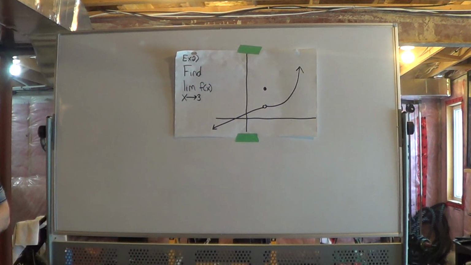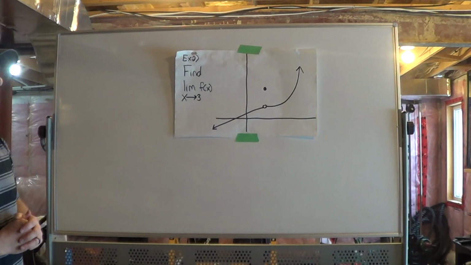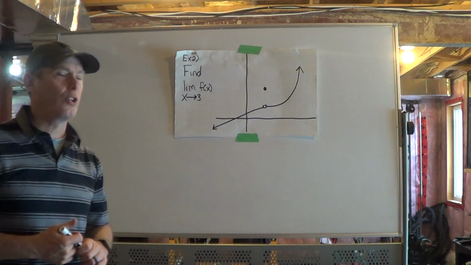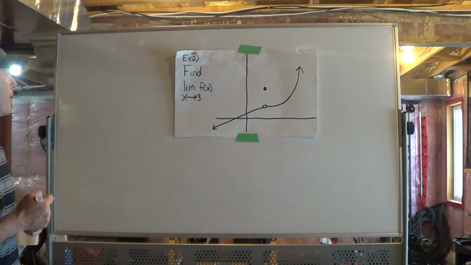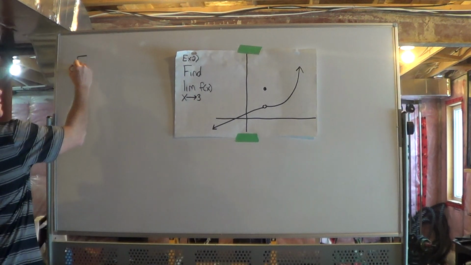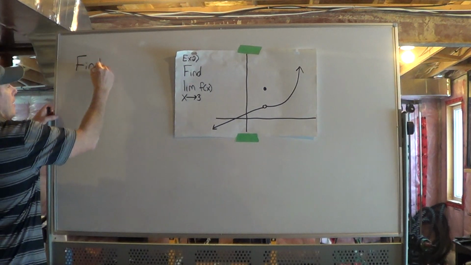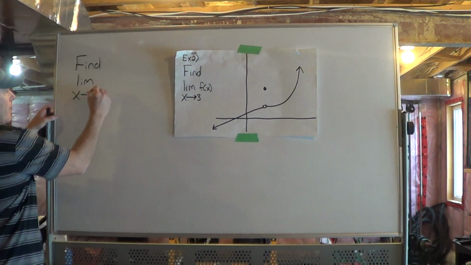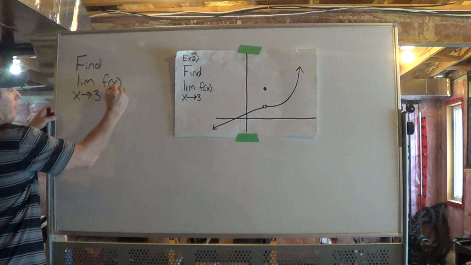Example 2. All right, I actually have a graph there. And I'll write it out because I'm not sure how well you can see it, but it says find the limit as x approaches 3 for our function.